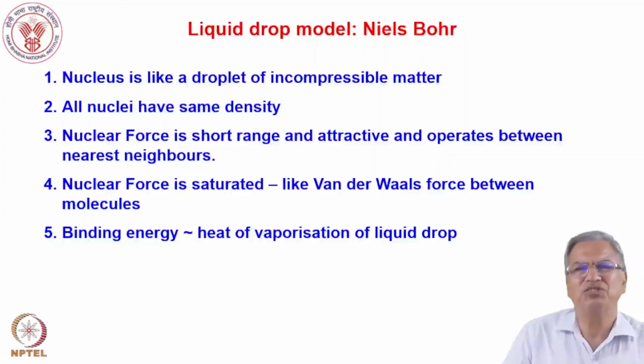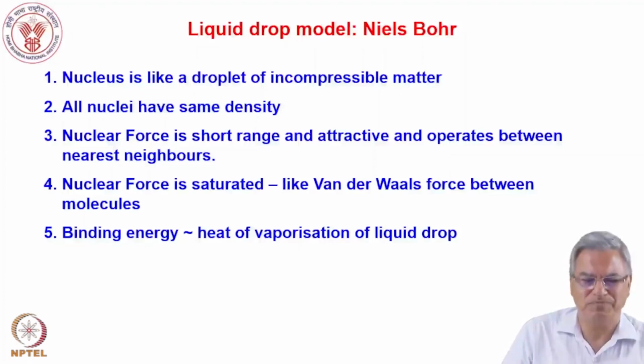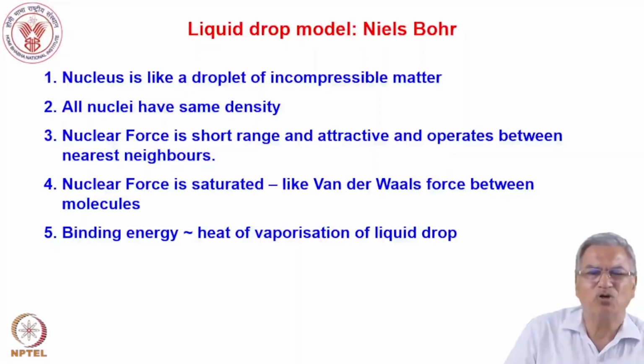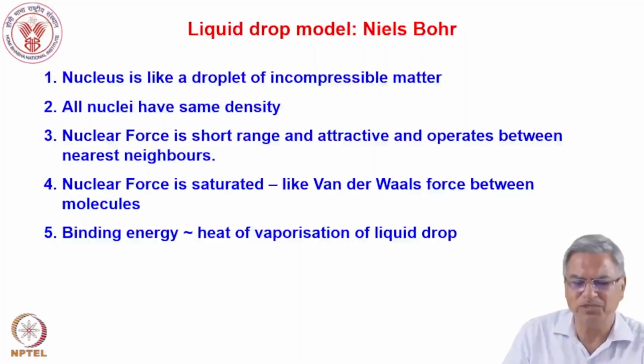If you recall the previous lecture, the density of nuclear matter is about 10 to the power 14 grams per cc, or 10 to the power 38 nucleons per cubic centimeter. So nuclear matter is highly incompressible, and it is envisaged in the liquid drop model that the nucleus is like a drop of incompressible matter. We also saw that the central density of all nuclei is the same, of the order of 10 to the power 38 nucleons per cc.